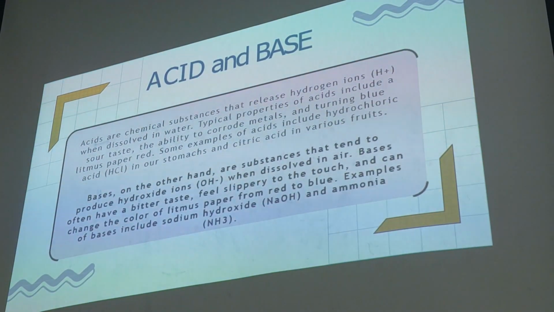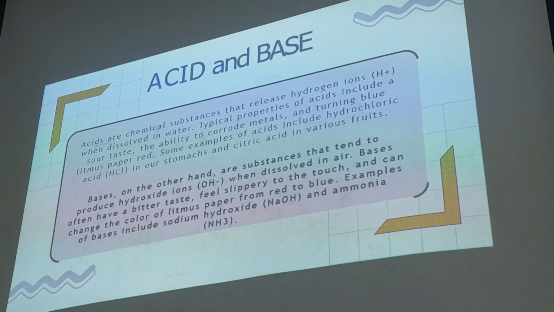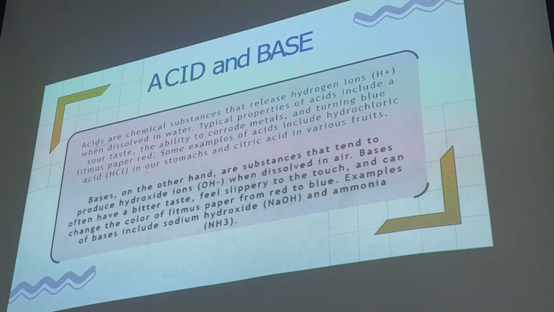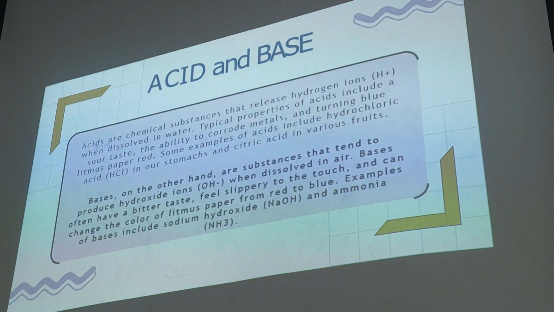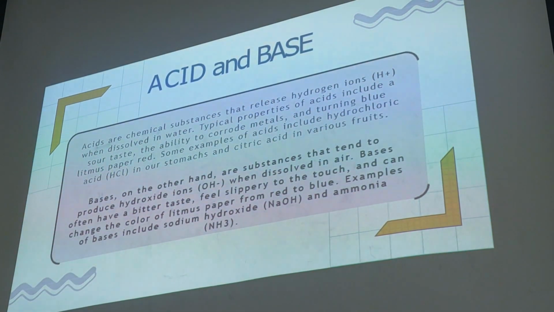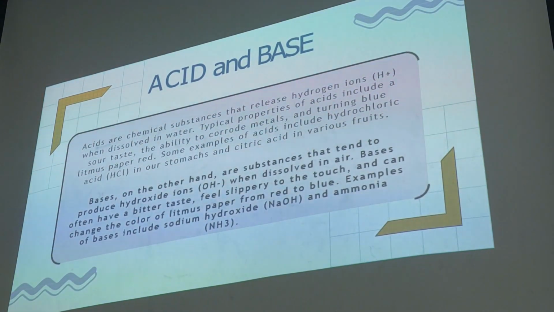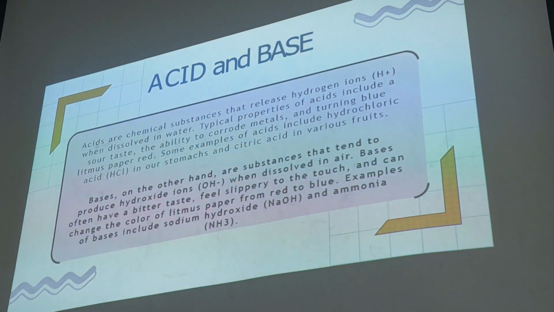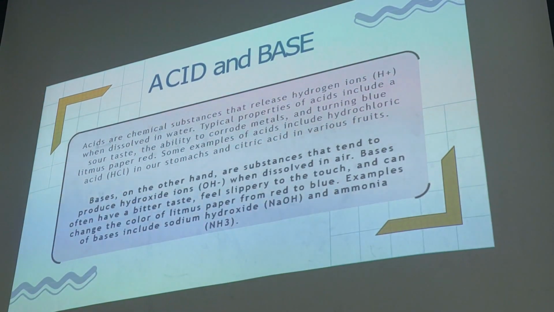Sometimes people argue about lemon: some say it is a base, and some say it is an acid. Even though the taste is sour, some people say that lemon is not acid, it's a base, and it's safe for ulcer.